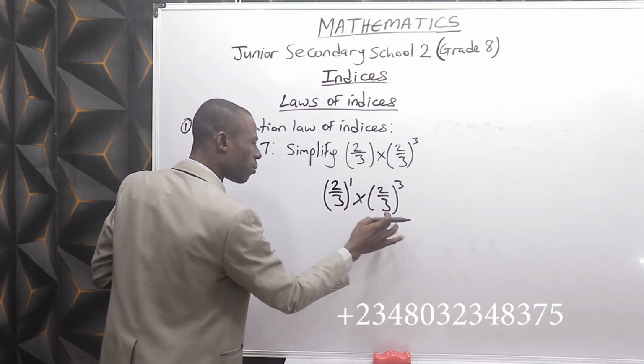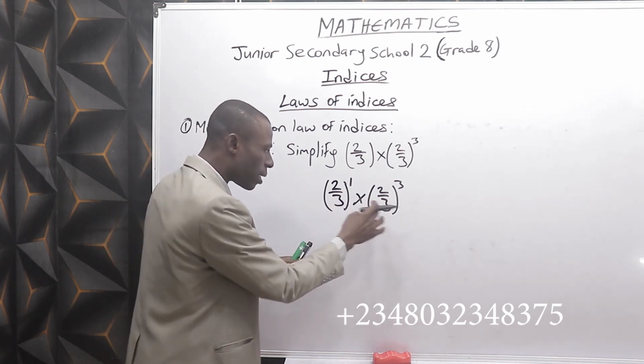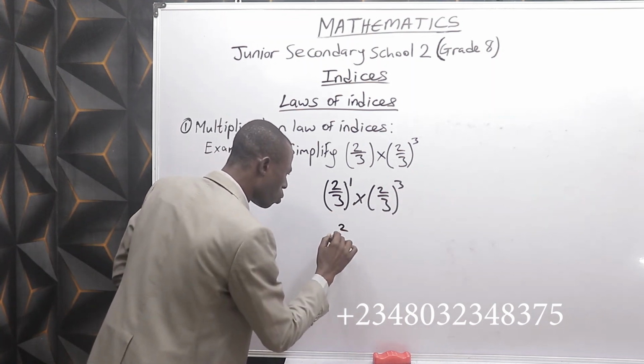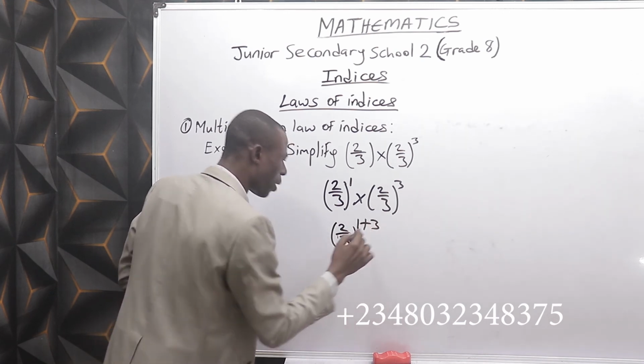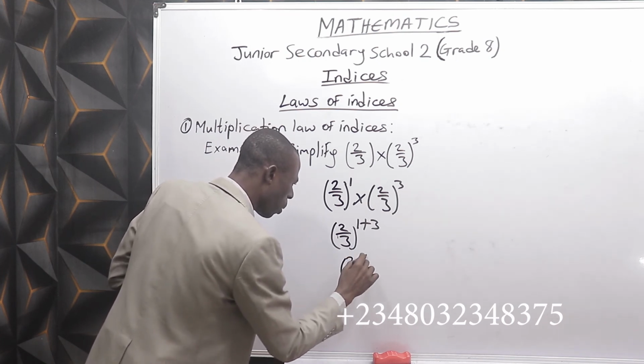So you choose one of these common bases. 2 over 3 as the root number is common. So you put 2 over 3 raised to power 1 plus 3, which is 2 over 3 raised to power 4.